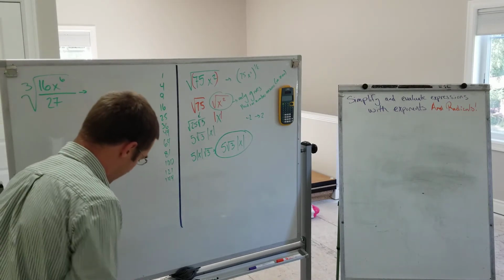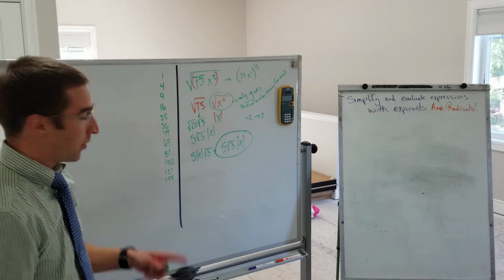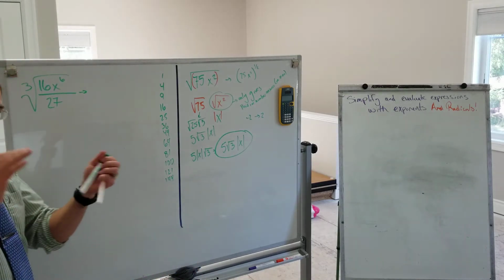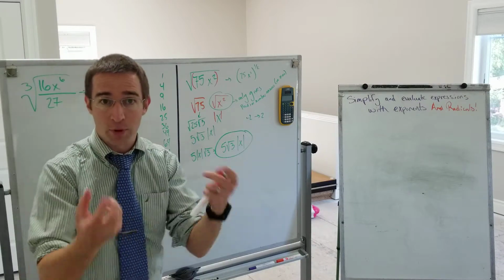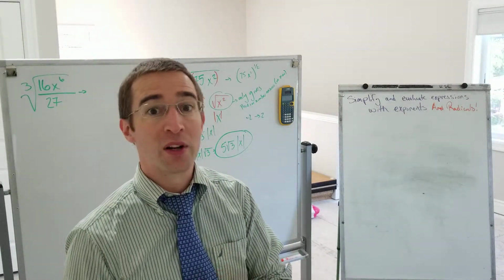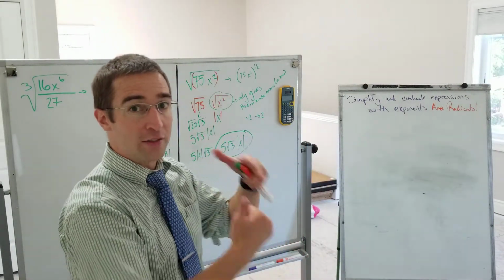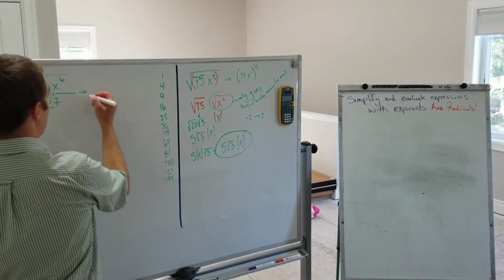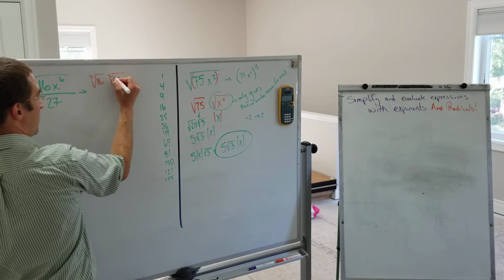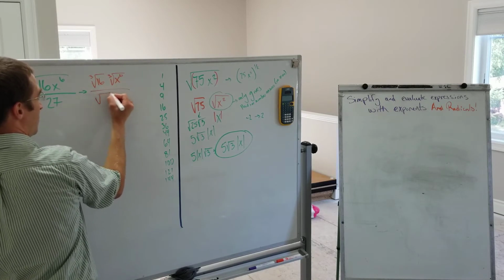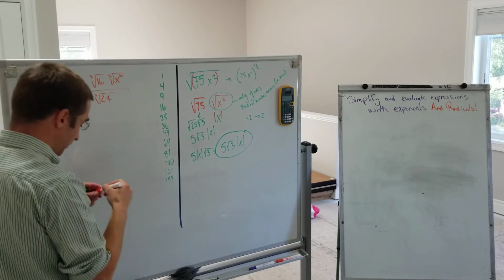All right, so once again, this is like a 1/3 power because it's a cube root. So it's this fraction, this rational expression to an exponent. We can bring that exponent and apply it to everything, or bring that cube root and apply it to each individual factor. So I'm going to cube root the 16. I'm going to cube root the x to the 6th. I'm going to cube root the 27.